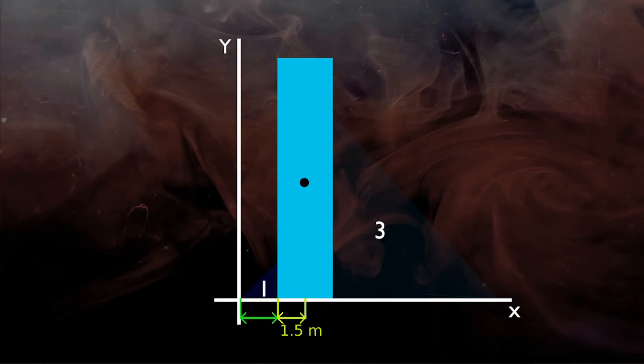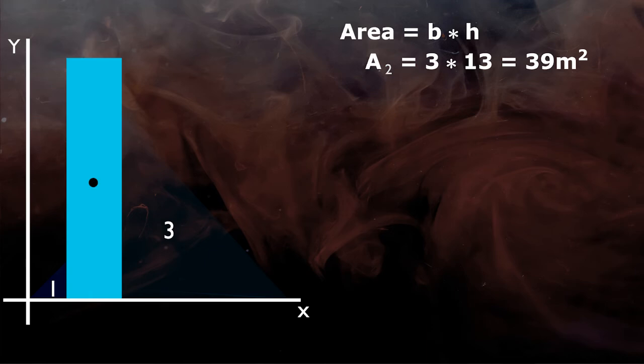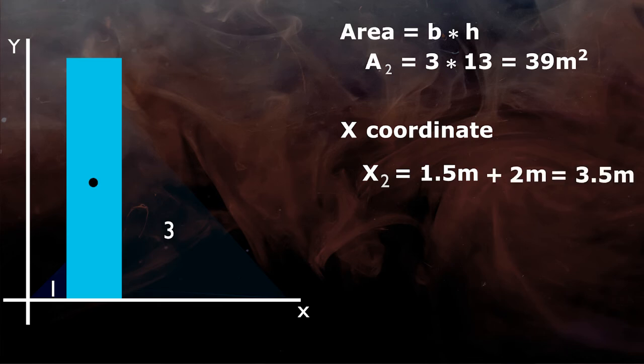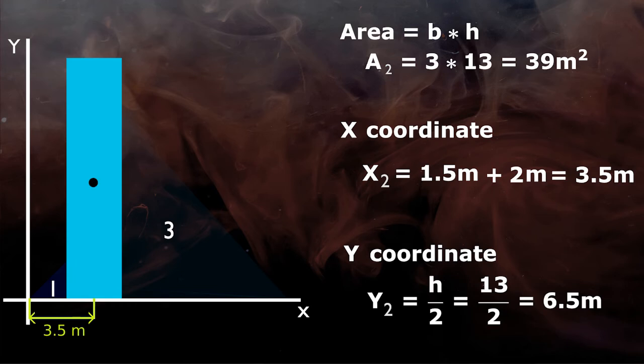This distance is the same as the width of triangle 1, that is 2 meter. Now the area is the same. Final x coordinate x2 is 1.5 meter plus 2 meter equals 3.5 meter. And y coordinate y2 will be the same, 6.5 meter.